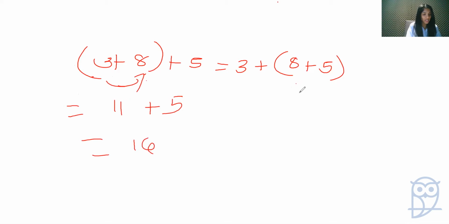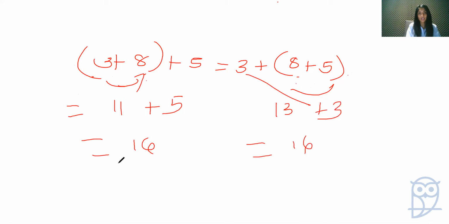Then we work out the other side as well. On this side, we work out our brackets once again: 8 plus 5 is 13, plus the 3 is equal to 16. So you can see with the associative property, or grouping, if it's addition or multiplication, it will be the same.